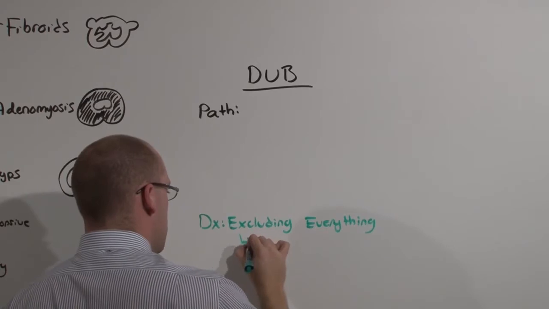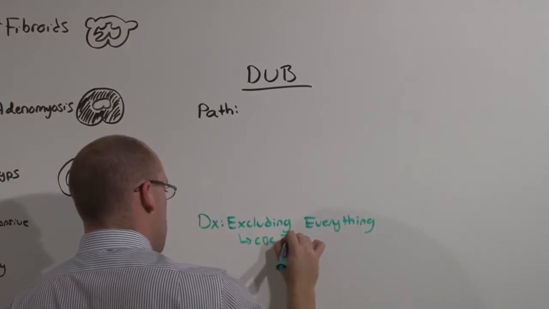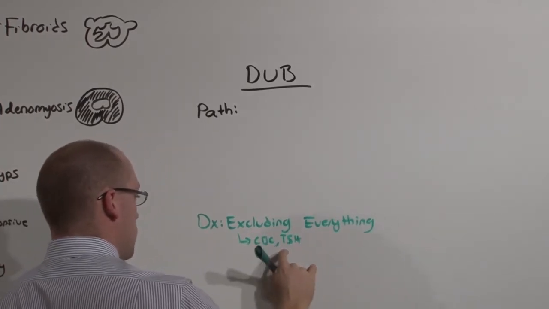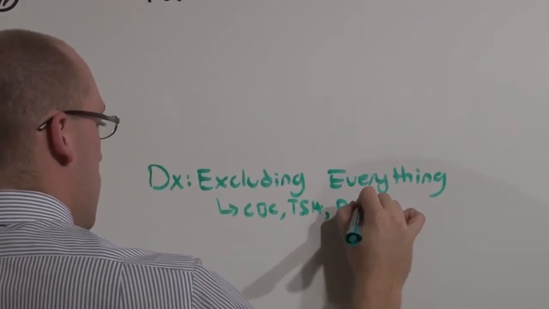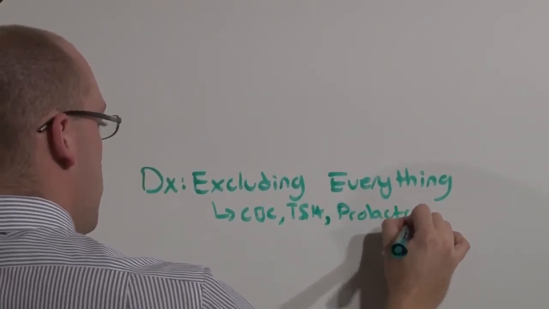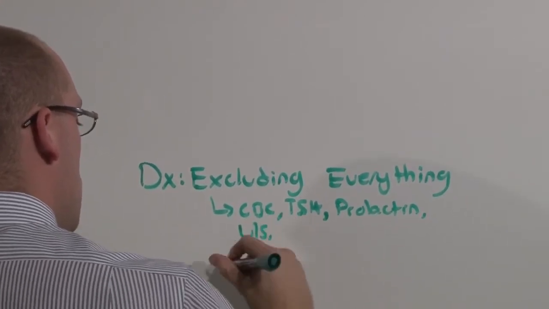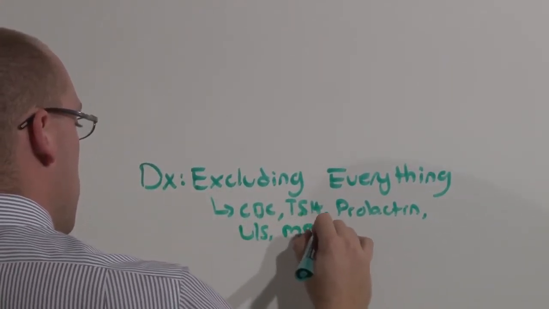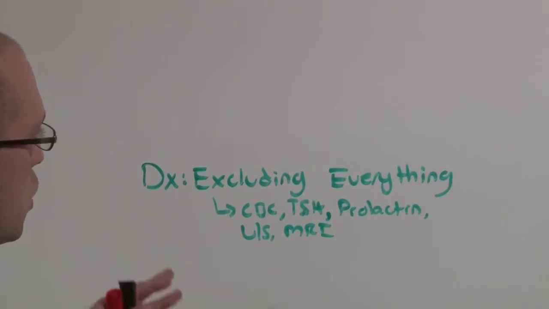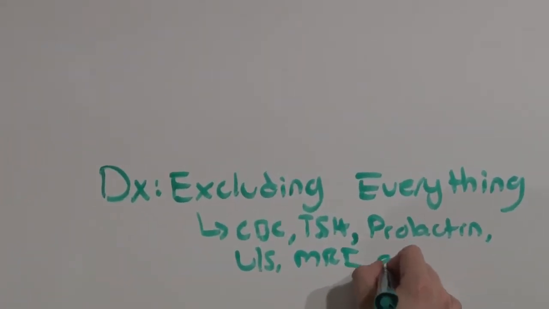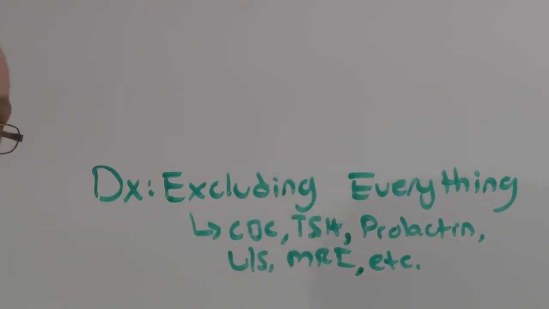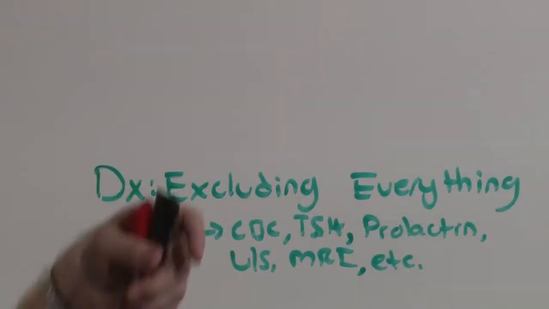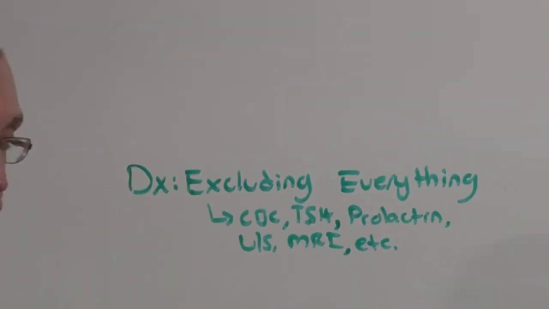That means you've gotten a CBC, you've gotten the TSH, because thyroid disease on its own, either hyper or hypo, can mess up bleeding cycles. Prolactin, you've probably got an ultrasound, you may have even got an MRI. And once your workup is totally normal, and you have not found the cause of her vaginal bleeding, but it is abnormal, it's considered dysfunctional uterine bleeding.